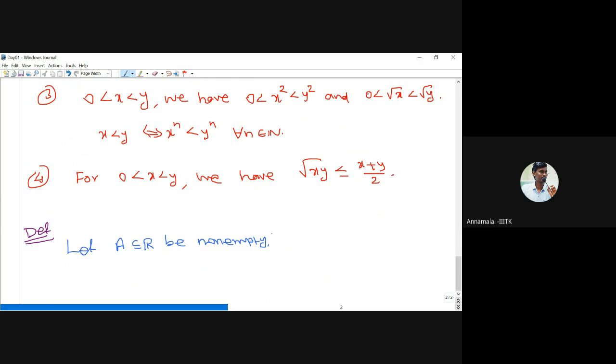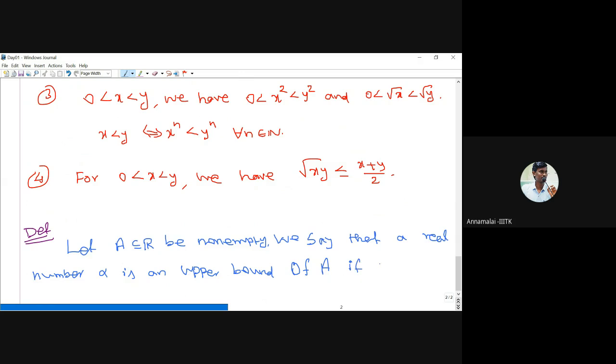We say that a real number alpha is an upper bound for A if every number in A is less than or equal to alpha.